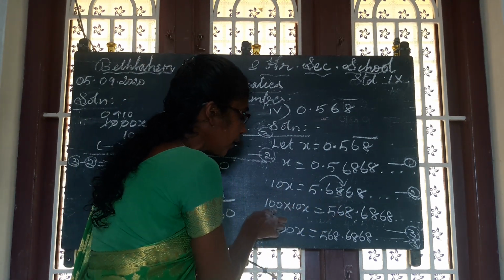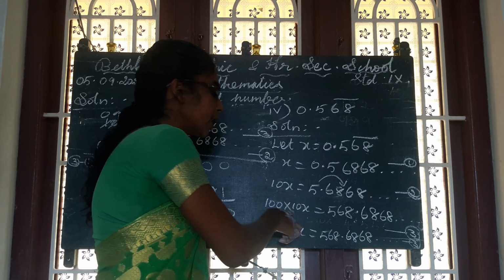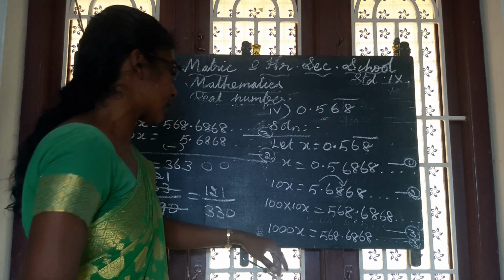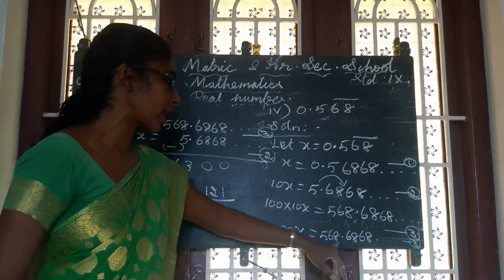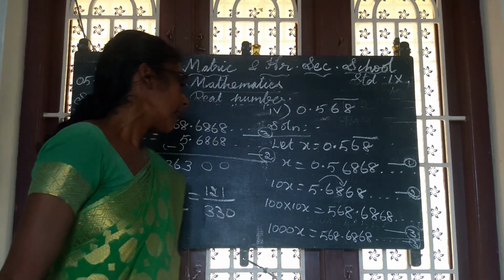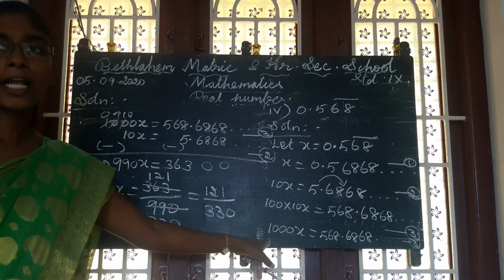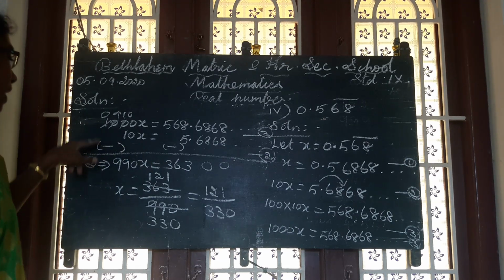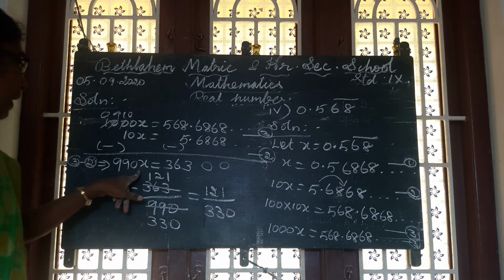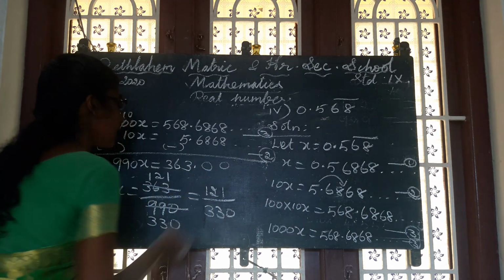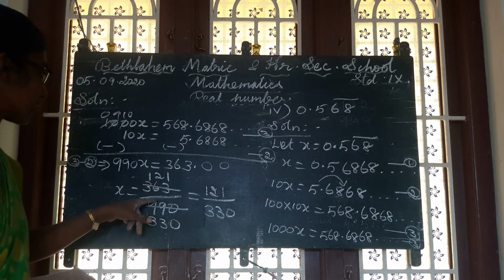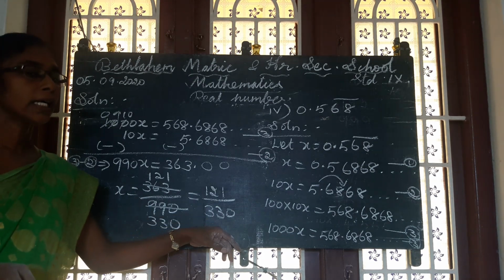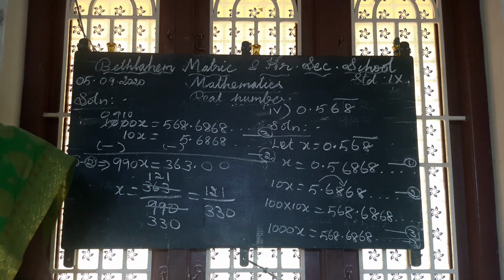So equation 2 you want to multiply by 100. 100 into 10x is equal to 568.6868 etc. So 1000x is equal to 568.6868 etc. We have to subtract equation 2 from equation 3. So when we are subtracting, we are getting 990x is equal to 363. x is equal to 363 by 990 is equal to 121 by 330.